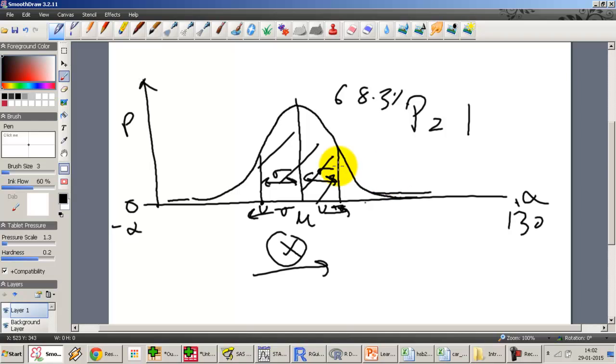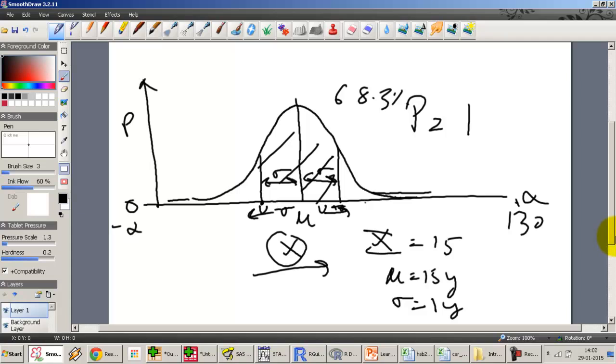For example, going back to a previous lecture, if I have a sample of students of class 10, where the average age is 15, so I'm going to say mu is 15 years old, and we have a standard deviation of 1 year.